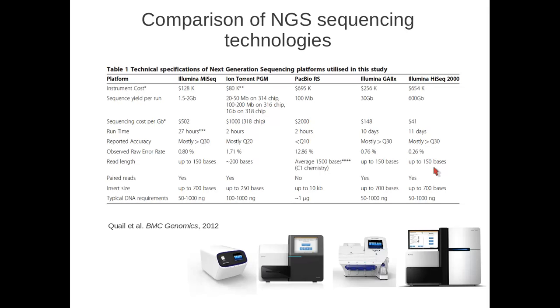Still very typical to do 50 or 100 bases for each of these short reads on Illumina HiSeq. One final thing, I'll explain this a little bit more. Here, the insert sizes are up to 700 bases for these technologies. More routinely, we use 300 to 500 base insert sizes.